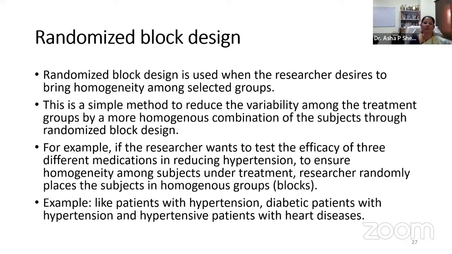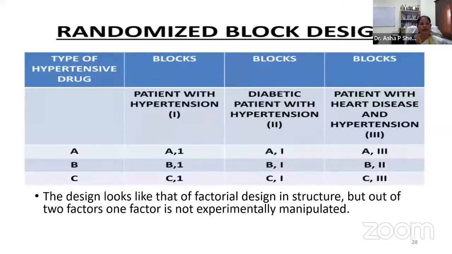For example, if the researcher wants to test the efficacy of 3 different medications, the researcher can have 3 different categories of participants where he wants to administer the drug. It can be people with hypertension, or people who are under treatment, and also those with some other comorbidity with the hypertension. Let's see in the diagram.